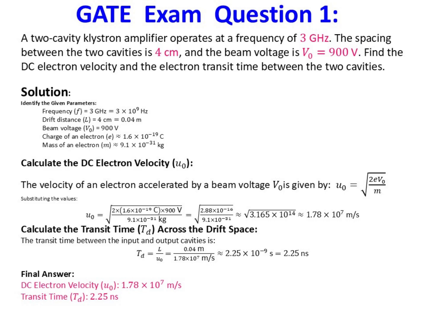So we divide the cavity spacing by the calculated electron velocity. This gives the time taken by the electron beam to travel from the buncher cavity to the catcher cavity. The important point is that this transit time determines the RF phase at which the bunch reaches the catcher cavity. For efficient amplification, the electron bunch must arrive at a phase where it gives energy to the catcher cavity.